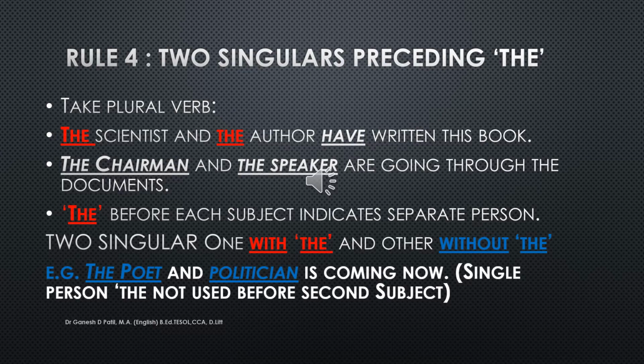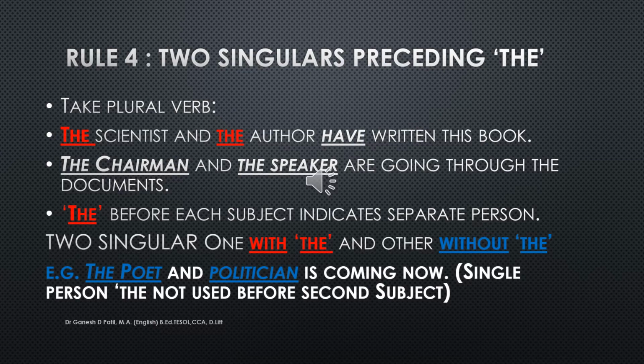For example, the chairman and the speaker are going through the documents. Here, the chairman is one person and the speaker is another person, and therefore the subject becomes plural and it is followed by the plural form of the verb.